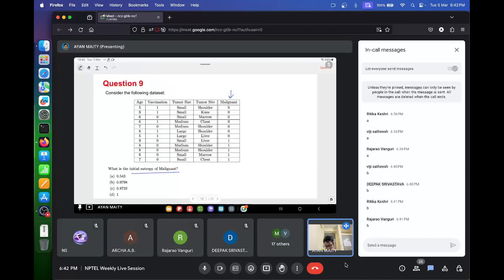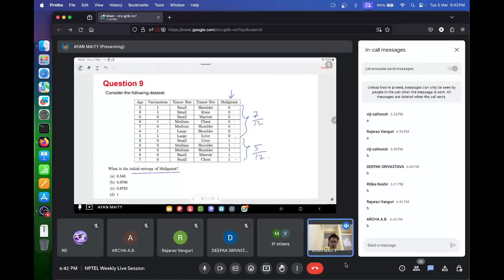So to find out the entropy of a target variable, you just have to find out how many elements are there for class 0 and how many elements are there for class 1. So 1 2 3 4 5 6 7, so 7 elements are there for class 0, and 1 2 3 4 5, 5 elements are there for class 1. So you just have to compute the fraction of elements in class 0 and class 1.